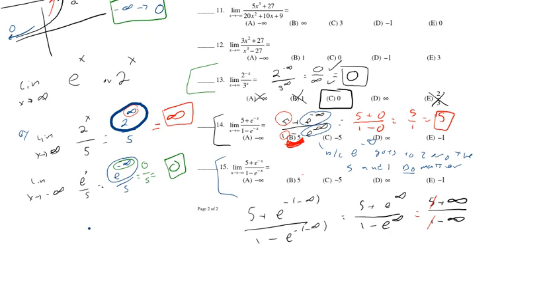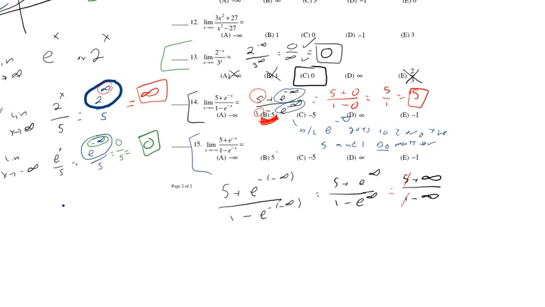Well, just like variables, infinities can cancel. So it's kind of like I'm canceling this infinity with this infinity. What am I going to get? Positive over a negative means my answer is going to be negative 1.